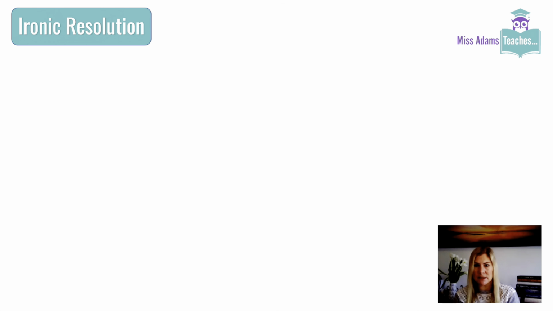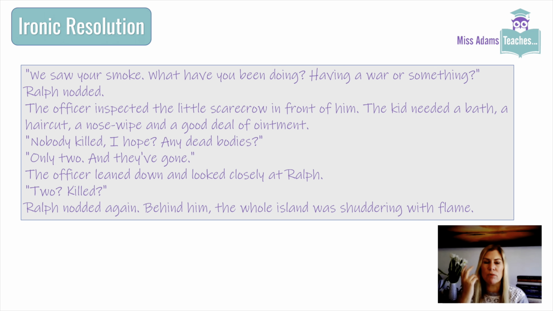There is resolution, but it's somewhat ironic. Obviously, one of Ralph's biggest priorities as leader was to keep the fire going, get rescued. By the end of the novel, a fire is lit, but it is one that is meant to end life. So the expectation that Ralph had for fire was life.